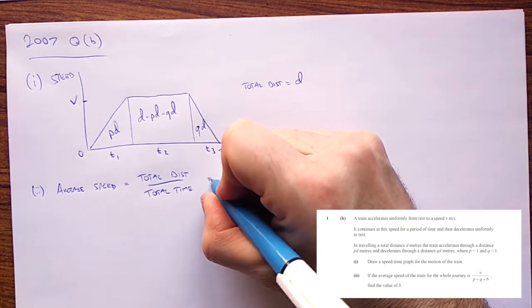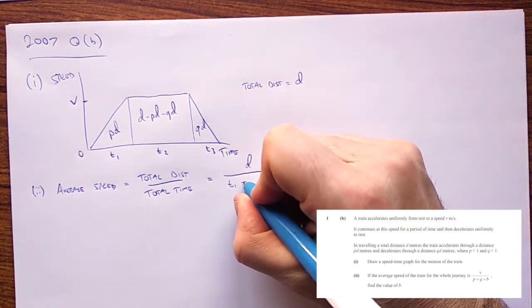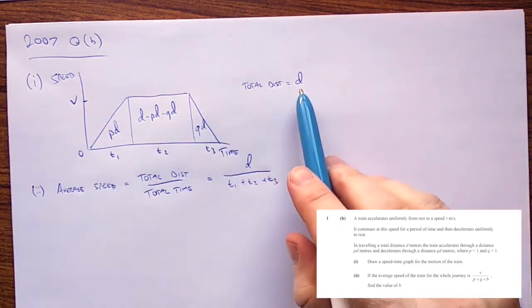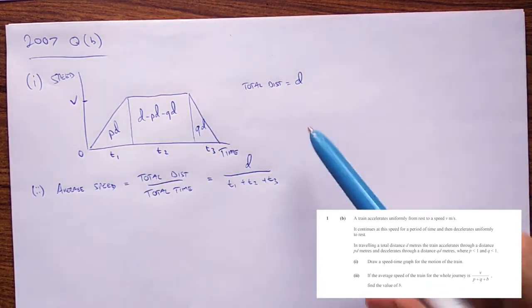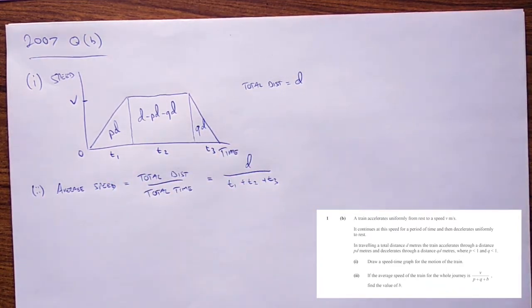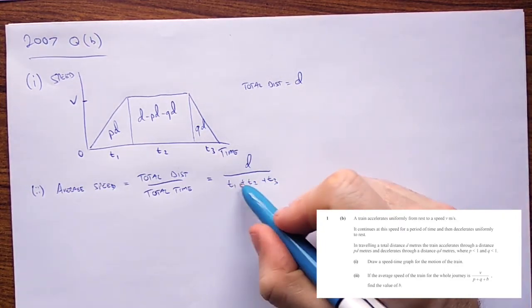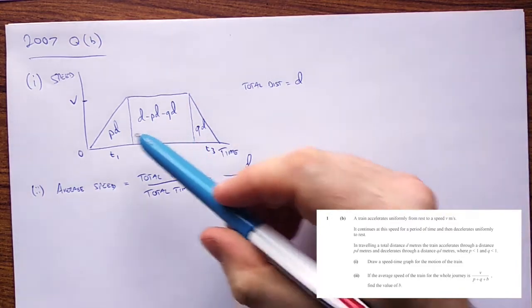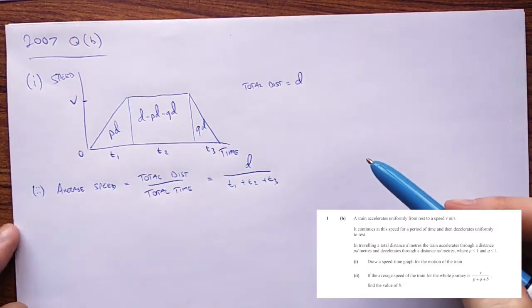And that in our case is d over t1 plus t2 plus t3. Total distance we're told is d, and there's our 3 little times. Now, if we compare that to what's in the question here, I don't see any t's. So this is our first little problem. We want to get rid of these. And again, if we're stuck for what to do, they've given us the total distances, so we can begin to use these.